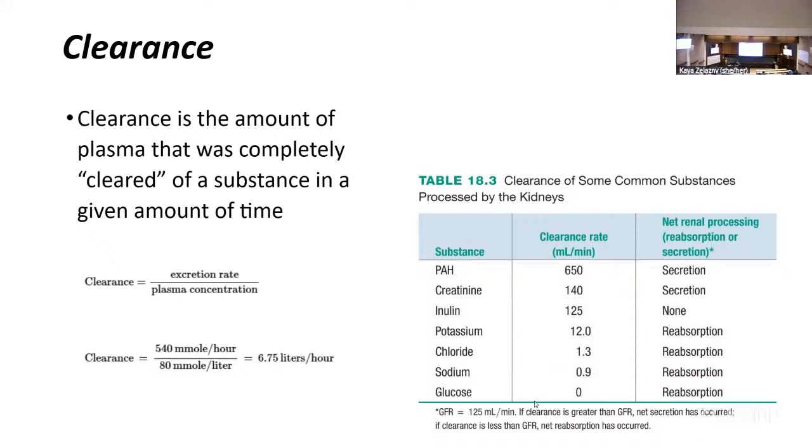And you'll notice that glucose should be 100% reabsorbed. So we should not be clearing out any of the glucose from our plasma, because we shouldn't see any of that excreted out. We should be reabsorbing all of it. These much larger numbers up at the top are what we think of as waste products. We're actively trying to excrete these from the body.